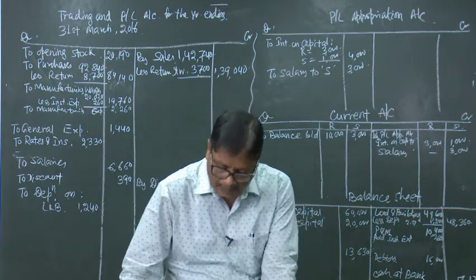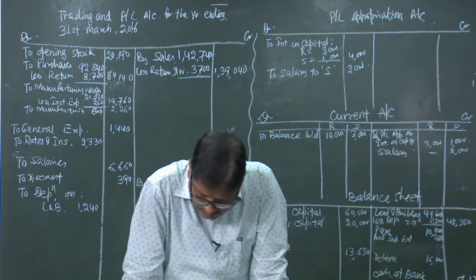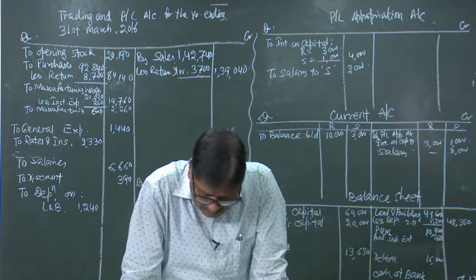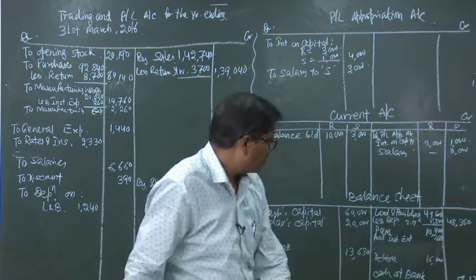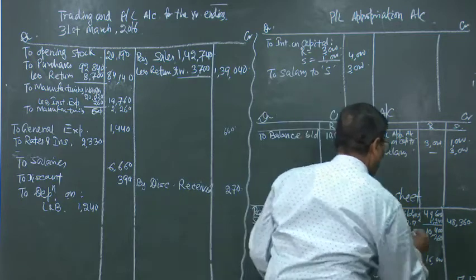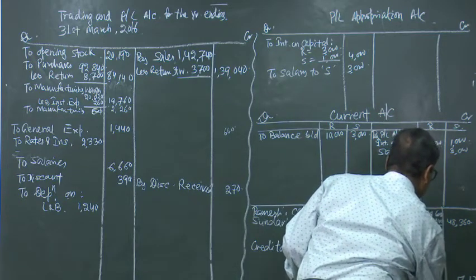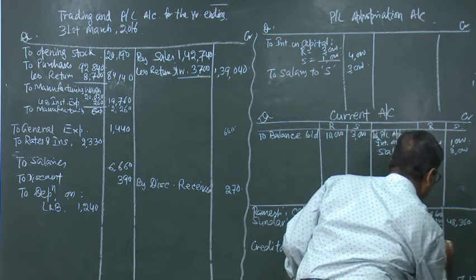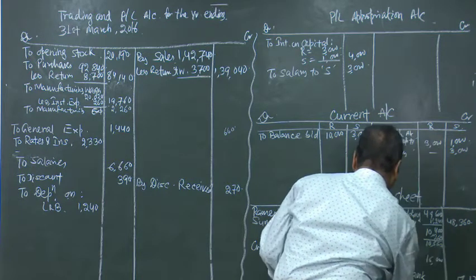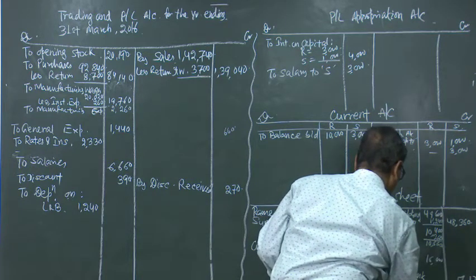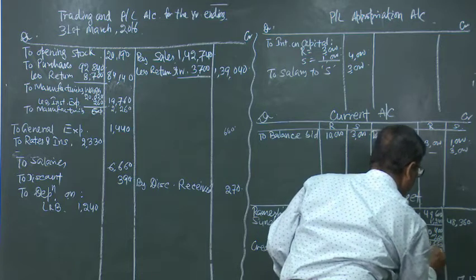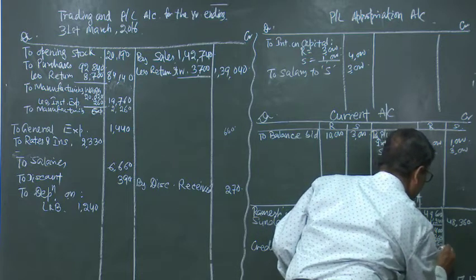Then depreciation on plant and machinery 10%. So, total is coming to 10,660, less depreciation 10%, that is equal to 1,066.